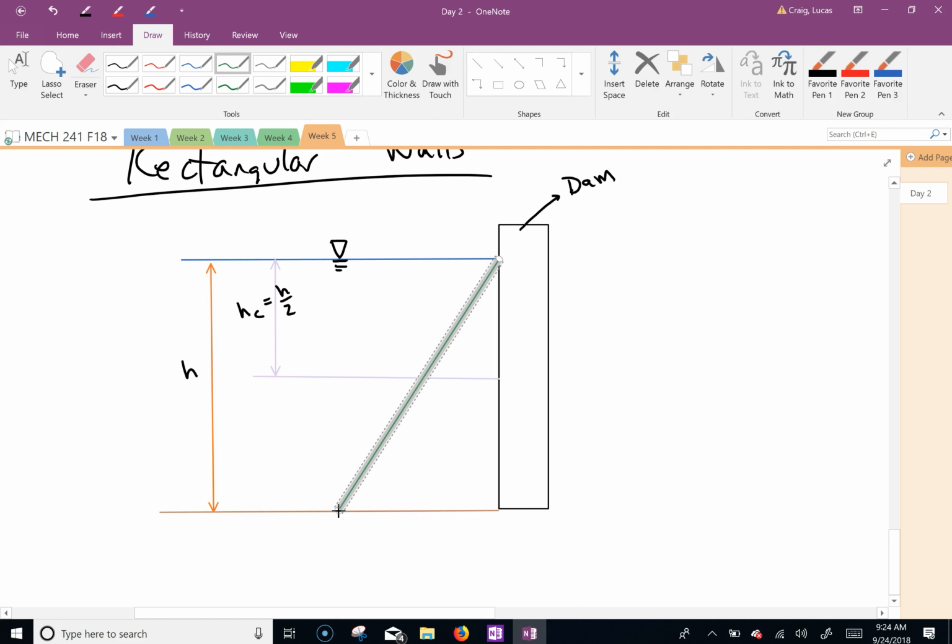And I can do these arrows green. So that green shape I just drew, you don't have to do on your sketches, but I wanted to put this in the notes. That's the pressure distribution, right?